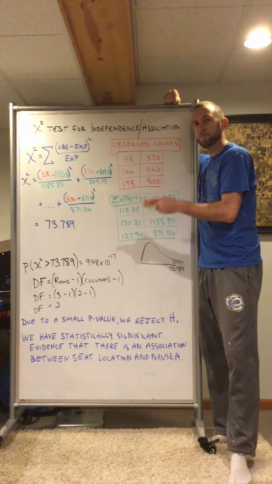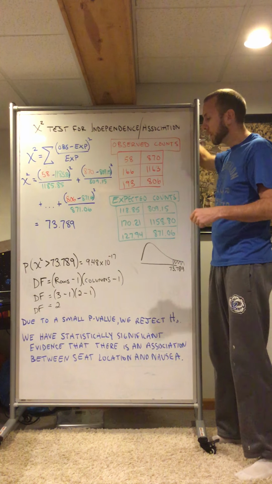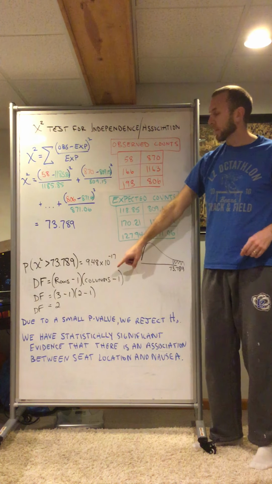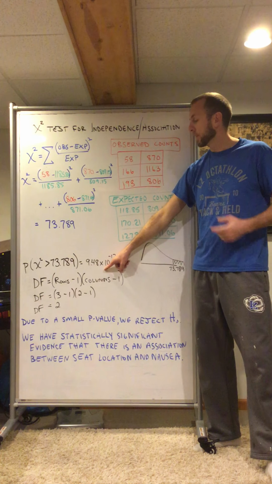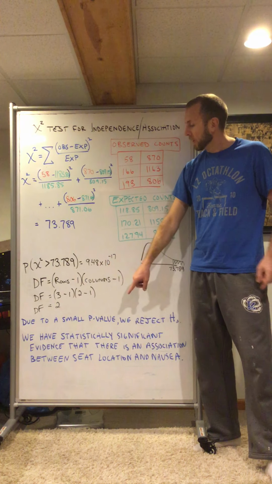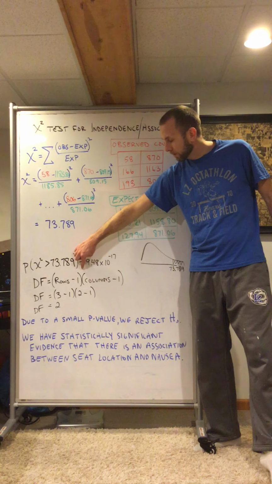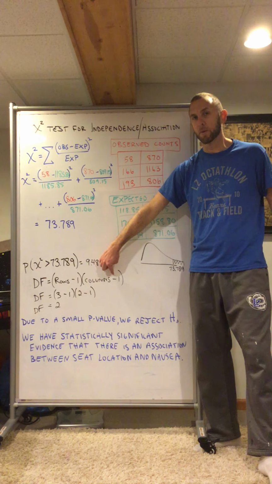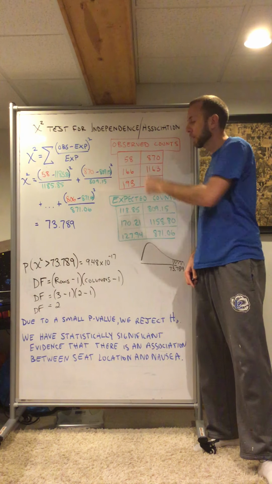The degrees of freedom. When you saw the calculator gave us 2 degrees of freedom, that was based on a slightly different formula to calculating degrees of freedom for a chi-square test of independence. So the formula for degrees of freedom is the number of rows minus 1 times the number of columns minus 1. So we had a 3 by 2 matrix, 3 rows, 2 columns.